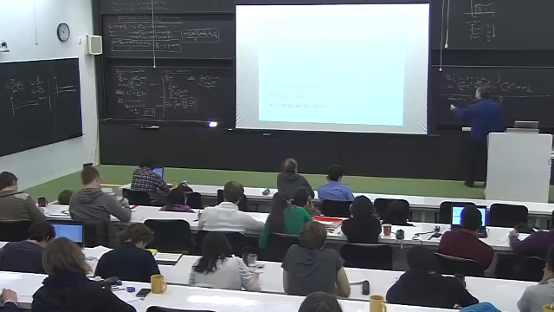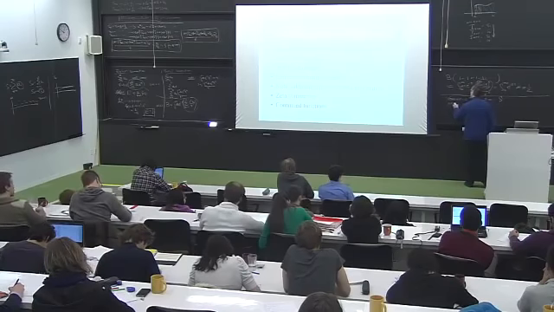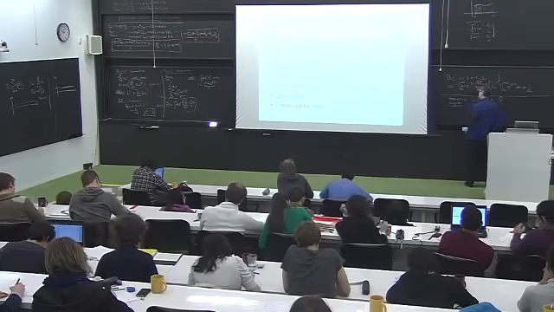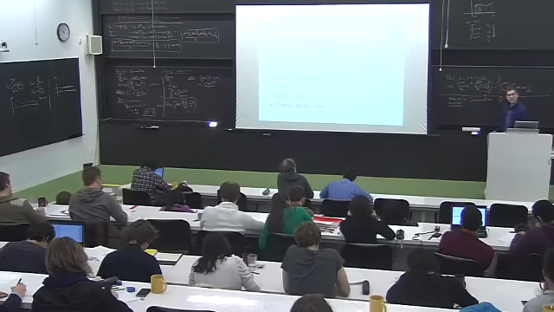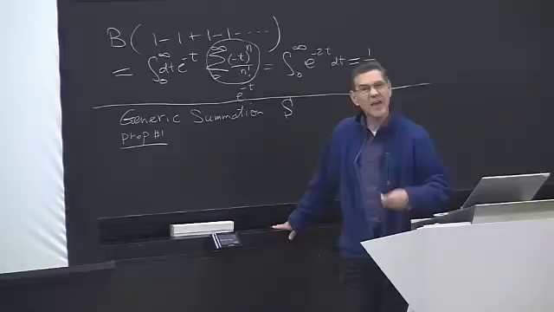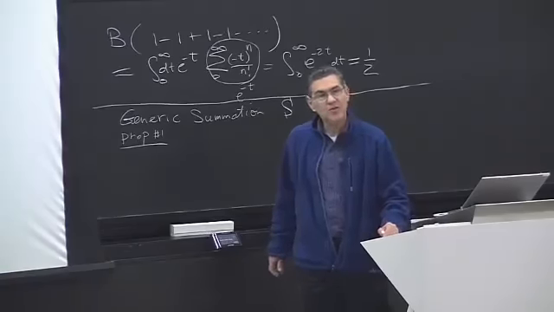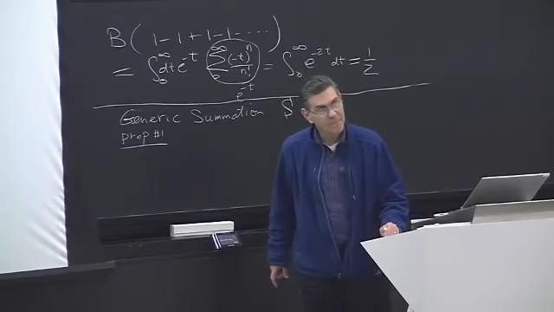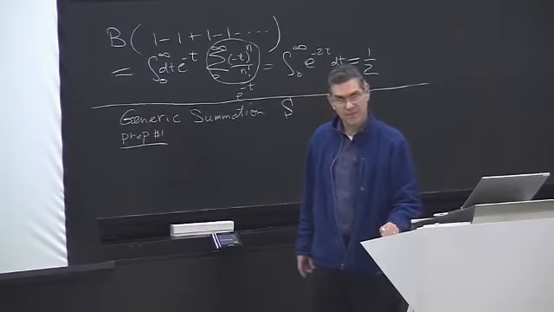Okay? So property 1, the first property is that it should behave like a sum. So what does that mean?